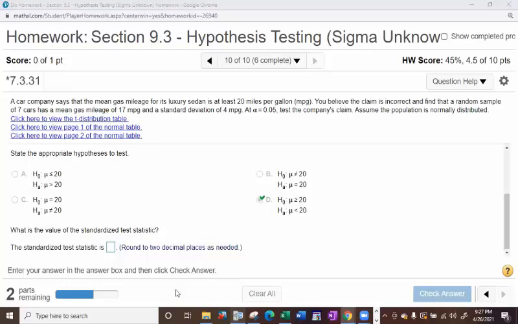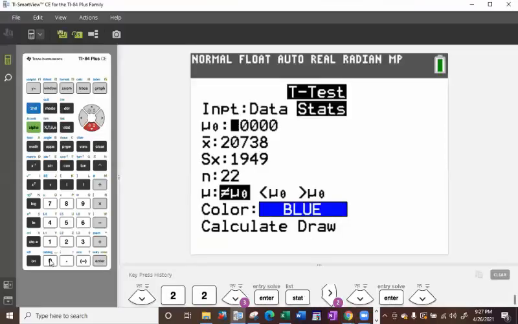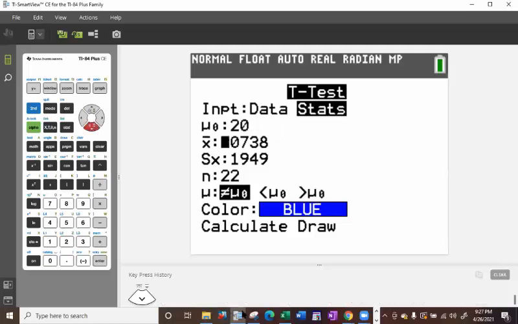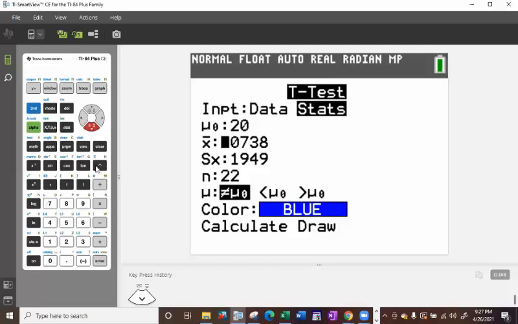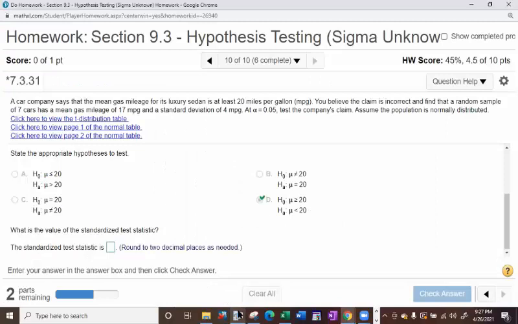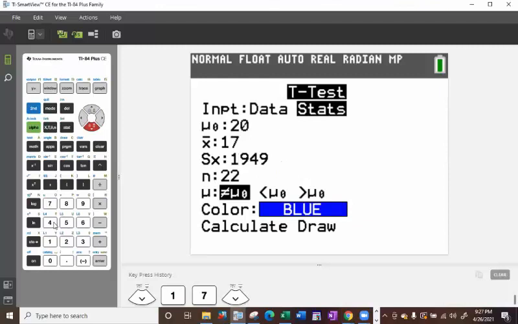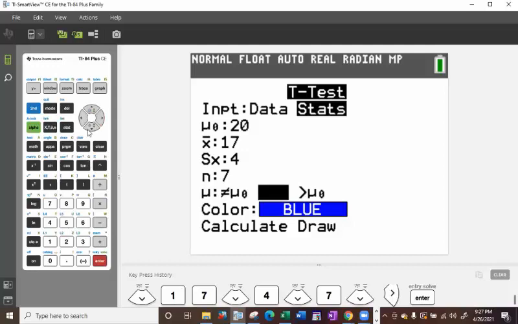Test statistic, there we go. All right, 20. Sample mean, 17. Standard deviation is 4 and sample of 7 cars. So n is 7. This is a left tail test because at least, greater than or equal to, pairs up with less than.